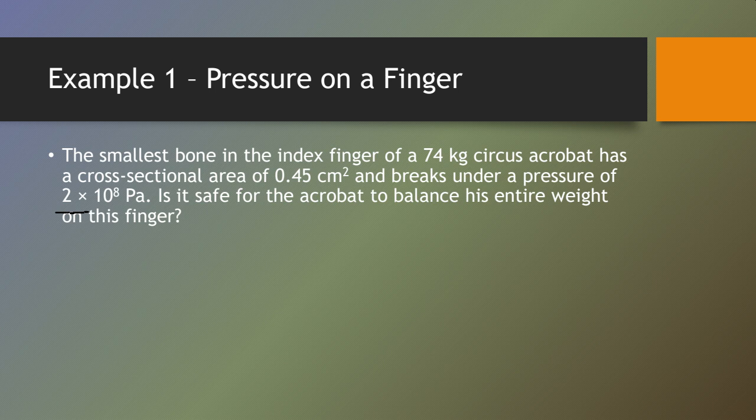So is it safe to balance his entire weight on that one finger? Well, we can figure that out by determining the pressure on the finger. And if it's greater than 2 times 10 to the 8th, well, his finger will break. So recall that the force is going to be the weight of the acrobat, his entire weight.